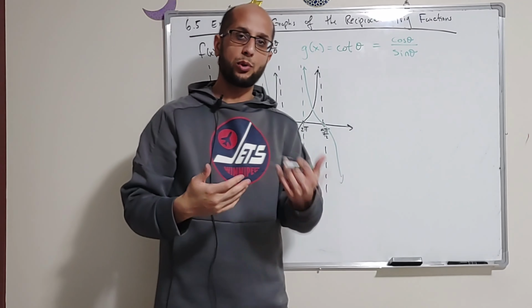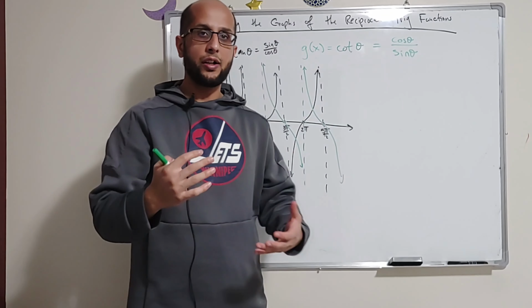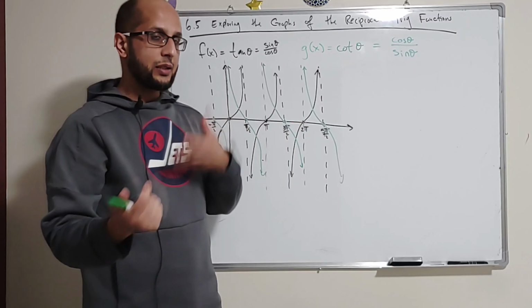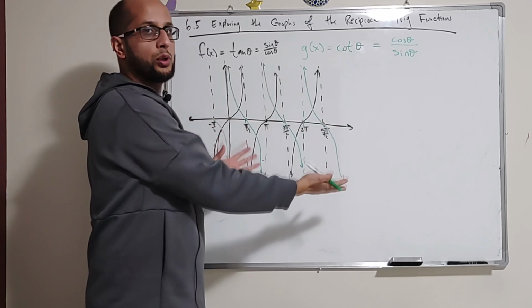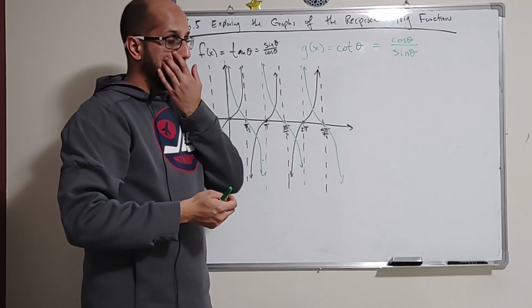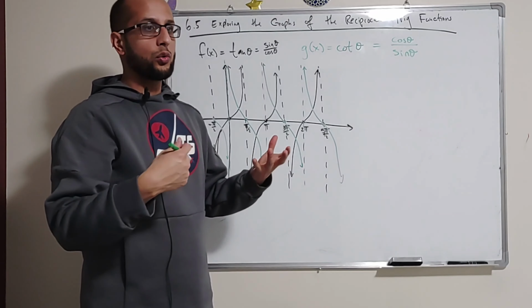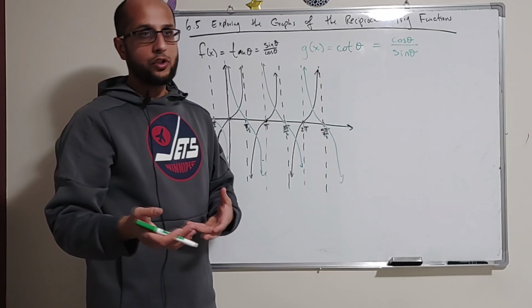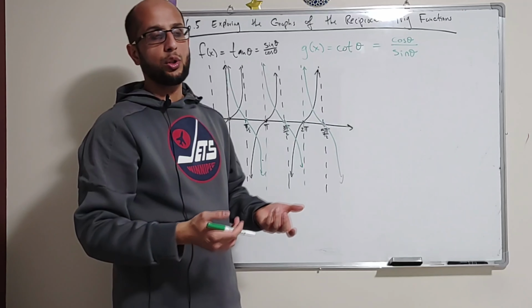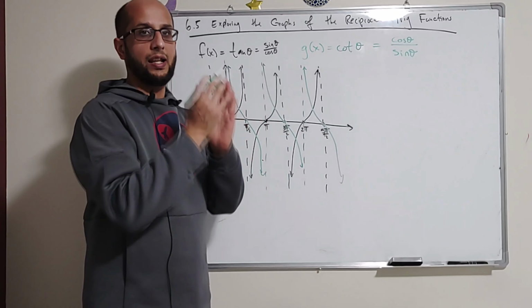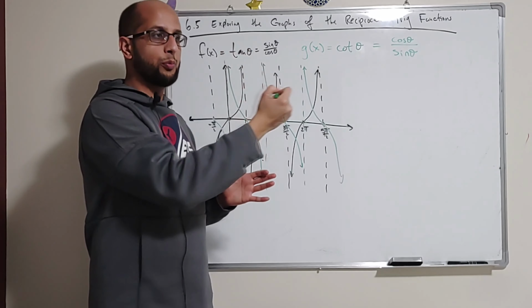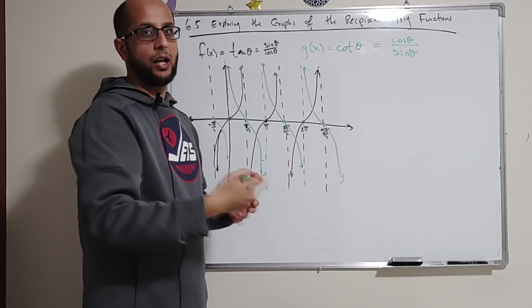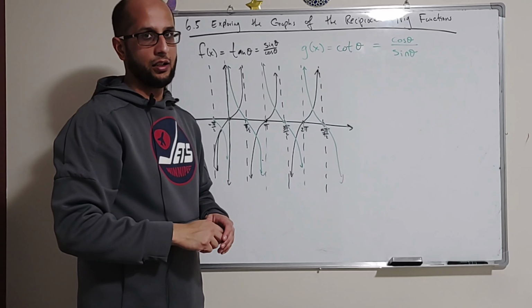Again, this is more of an exploratory section where we're just trying to understand what the graphs would look like. It's important that you are able to produce these graphs on your own. The reciprocal functions are quite a bit easier to graph than the original sine theta, cos theta functions, because all you really need to know is where your asymptotes are, and in the middle of each of those asymptotes would be your parabolas opening up and down for the cosecant and secant theta functions.